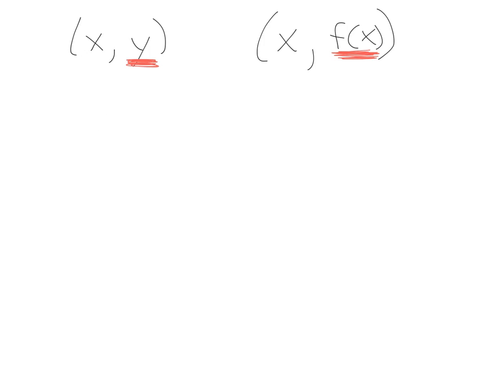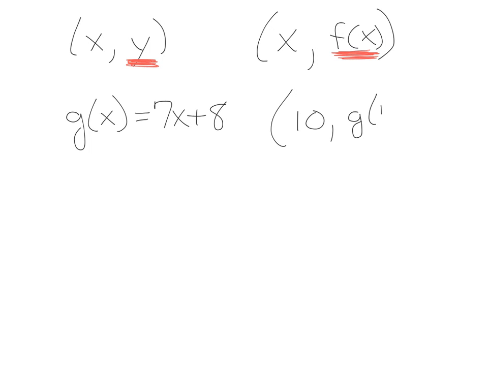Sorry, let's go g of x equals 7x plus 8. And they're going 10, comma, g at 10. Okay, wow, weird. Okay, get rid of this, change it to y.